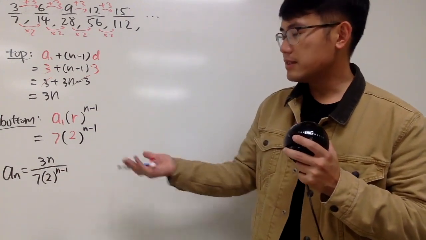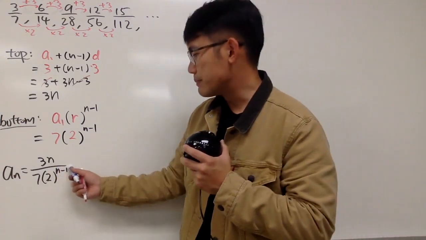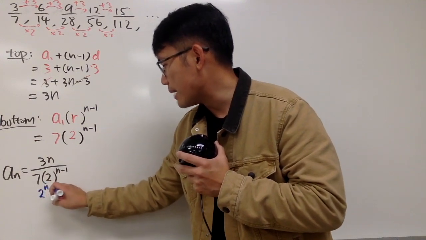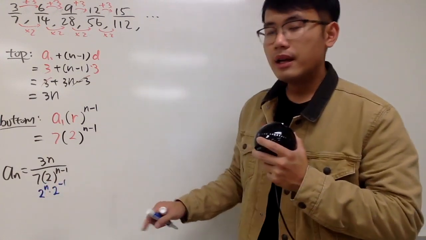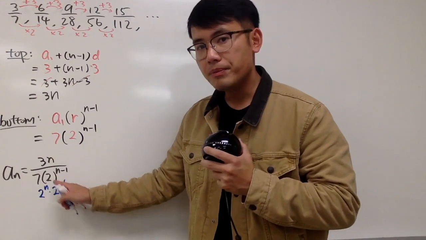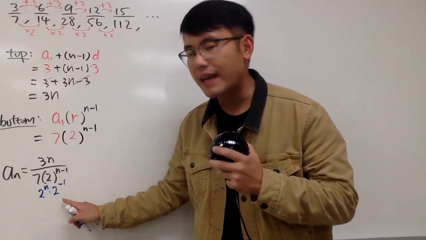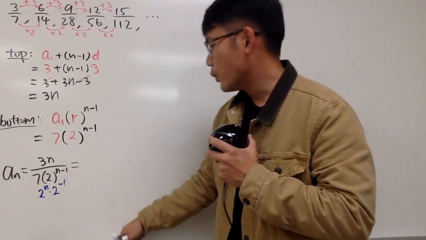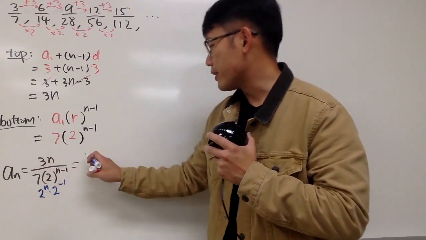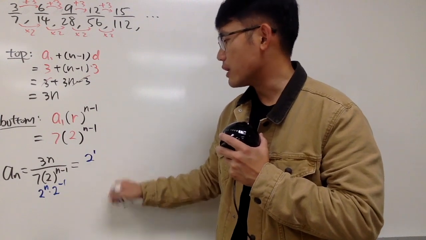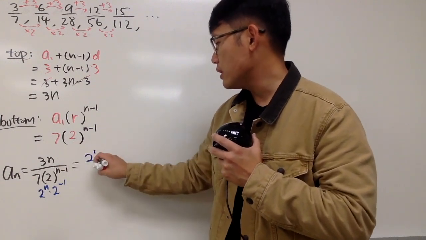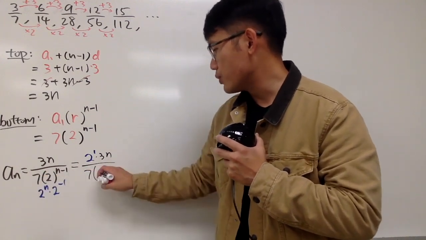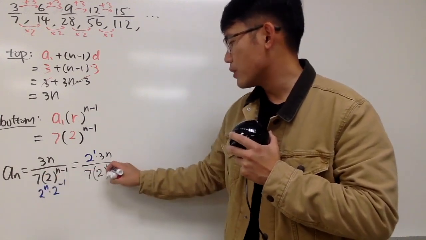Well, you can simplify this a little bit because we have 2 to this power. We can write this down as 2 to the n times 2 to the negative 1. This right here stays on the bottom, but 2 to the negative 1, we can take that and bring that to the top. And when you do that, we will end up with 2 to the first power, and then of course you have the 3n, and of course the rest, 7 times 2 to the nth power right here.